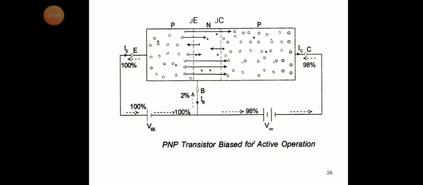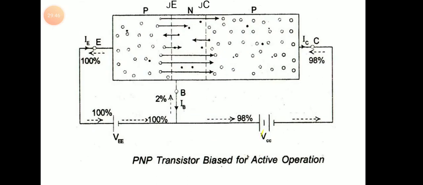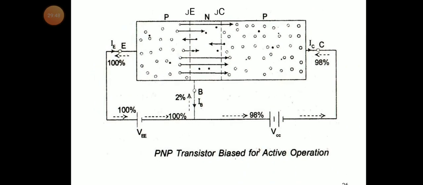You can see the transistor biased for active operation: P type material, N type material, and another P type material. We have the three terminals, emitter, base, collector. You can see the emitter terminal, base terminal, collector terminal.